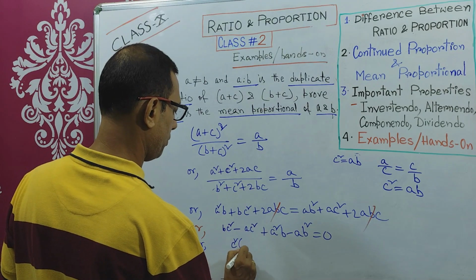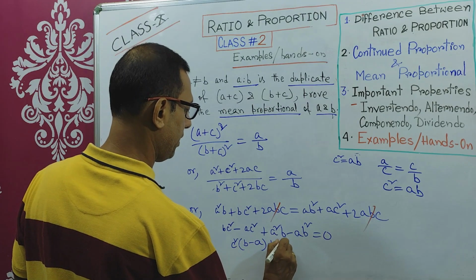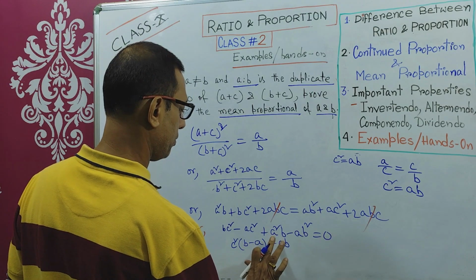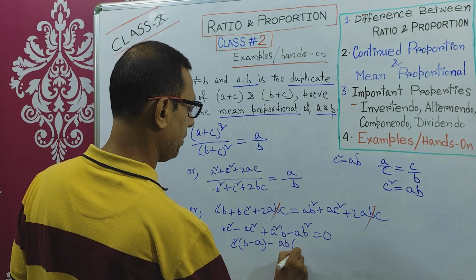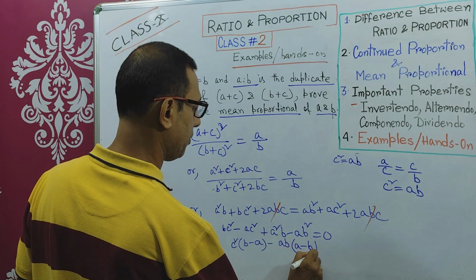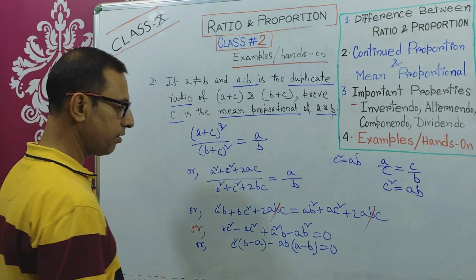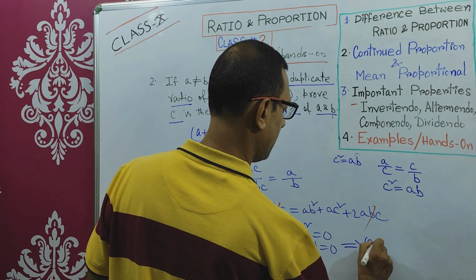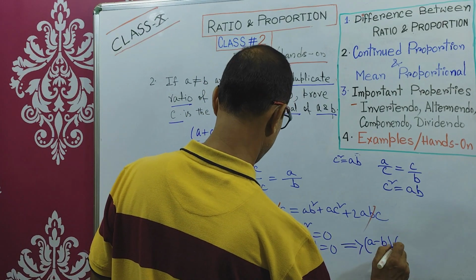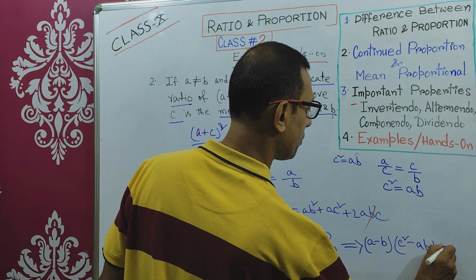So C square into B minus A, plus AB into A minus B equals 0, right? So what is this coming? It is coming A minus B into C square minus AB equals 0.